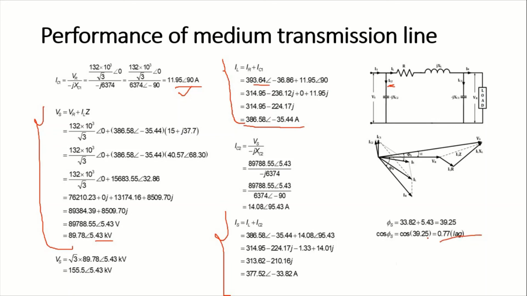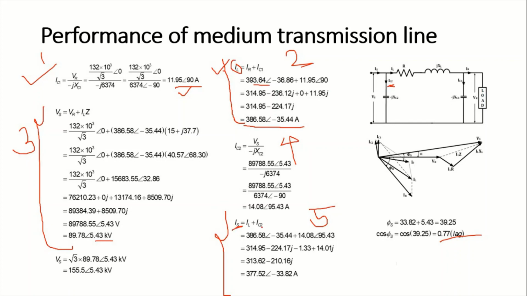So the steps are: first find IC1, then find IL, then find VS, then IC2, and then IS. These are interconnected terms. First IC1 can be found. From this you can find IL by using IR plus IC1. Once IL is found, we can find VS by using VR plus IL into Z. Okay, VS is complete, but now we have to find IS.